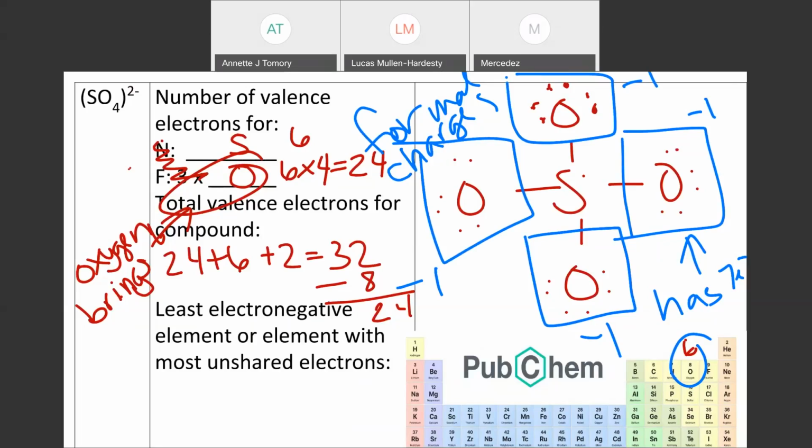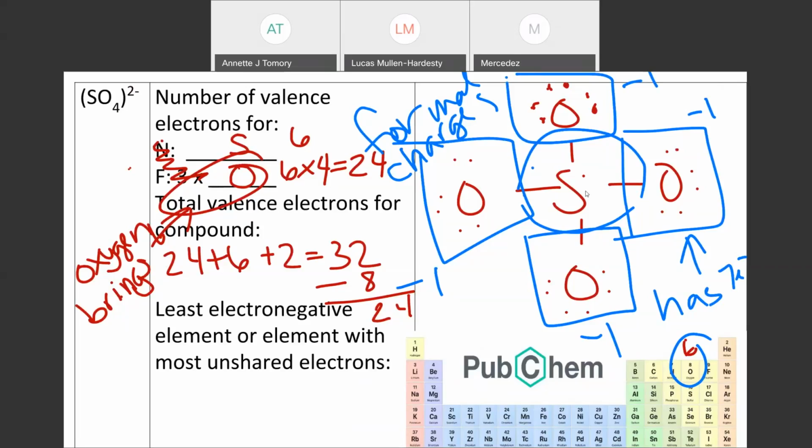If I start looking at sulfur right in the middle here, how many electrons does it have if it only has 1 from each bond? 4. How many does sulfur bring? 6. So sulfur brought 6, but it only has 4. So what's its charge? Is it -2 or is it +2? +2.